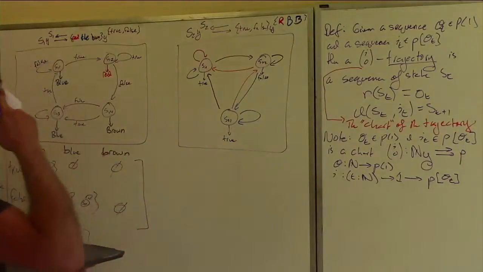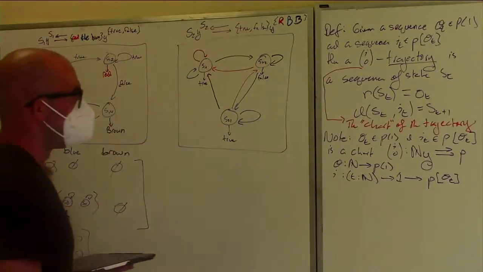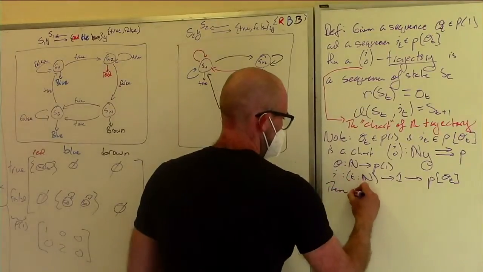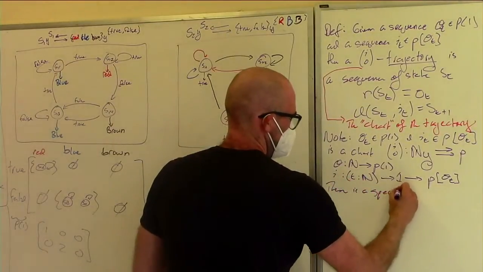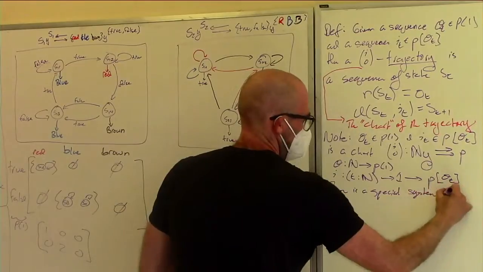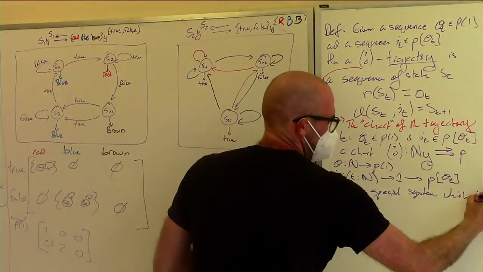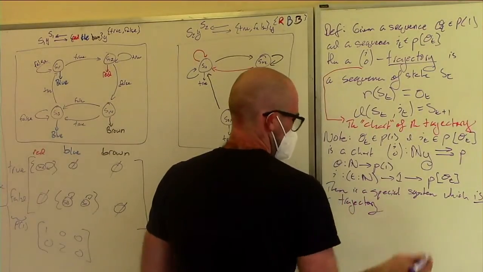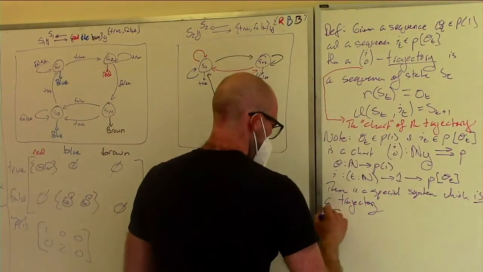So now, just like we had a special system, which is a steady state, there is a special system which is a trajectory. And it looks like this.